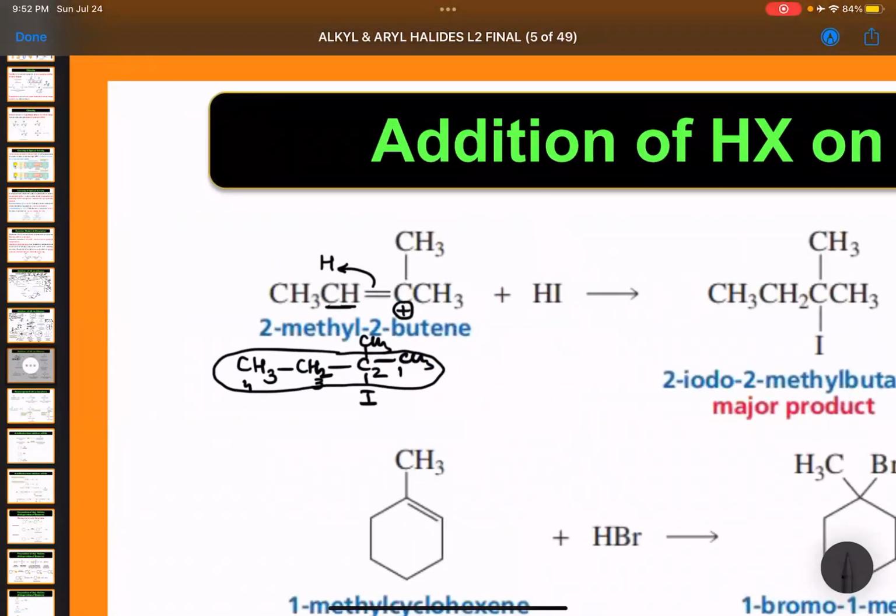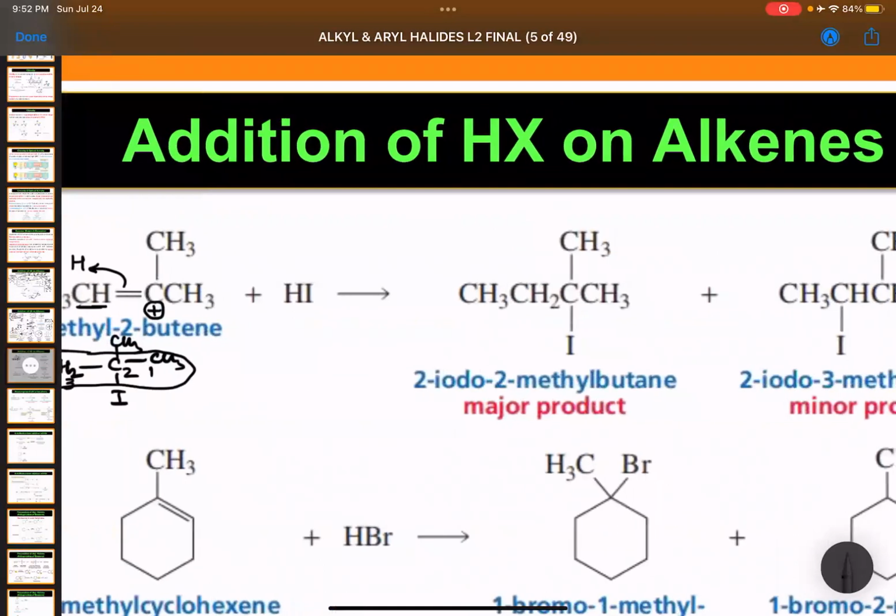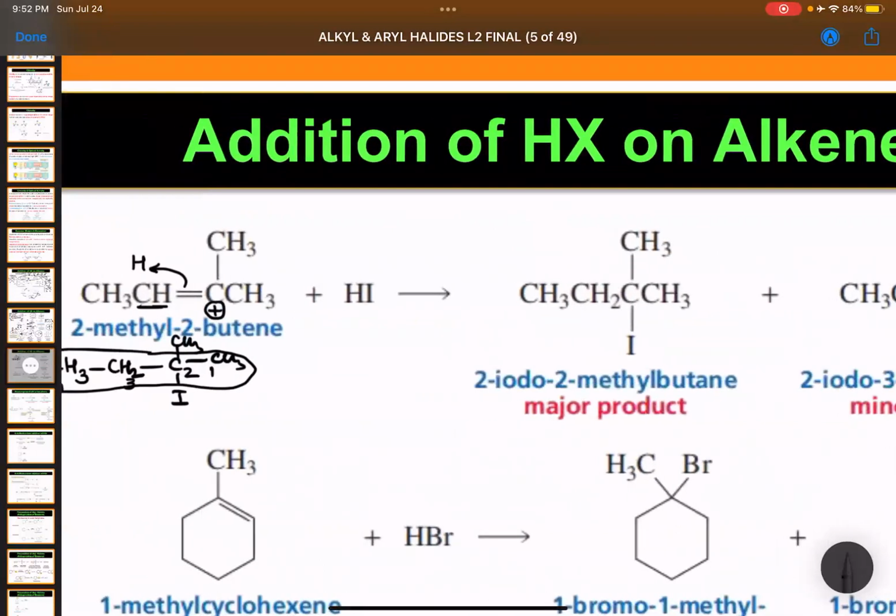So it is 2-iodo-2-methyl. These are the locants. Iodo means iodine. I am going to write it first because I comes before M in alphabetical sequence. 2-iodo-2-methyl, and then the name of the parent chain, butane.